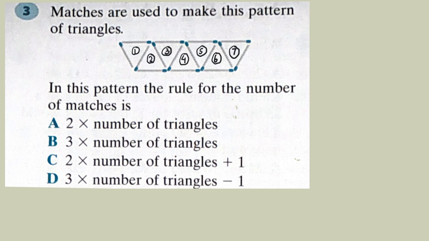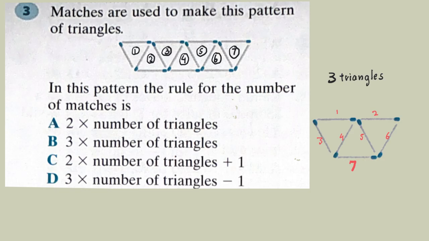It'll be easier to work with. Now I'll just count the number of matches here. 1, 2, 3, 4, 5, 6, 7. So there are 7 matches for 3 triangles. So we're looking for a pattern which will give us 7 matches.